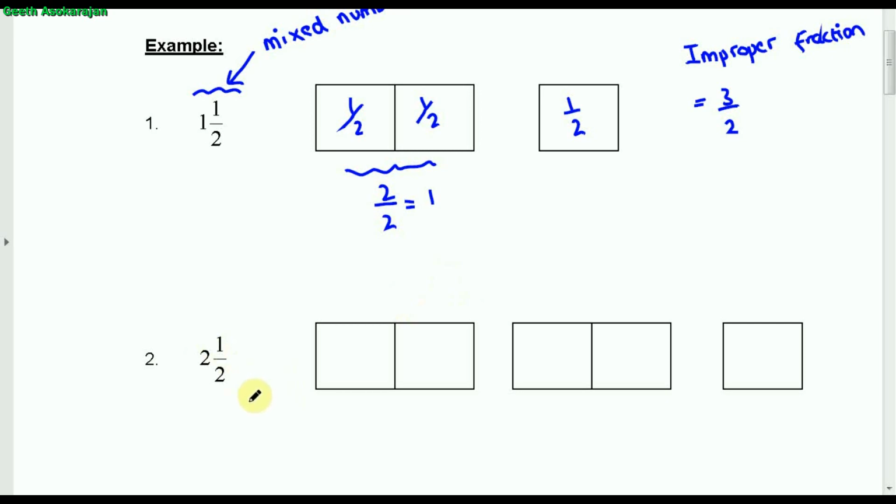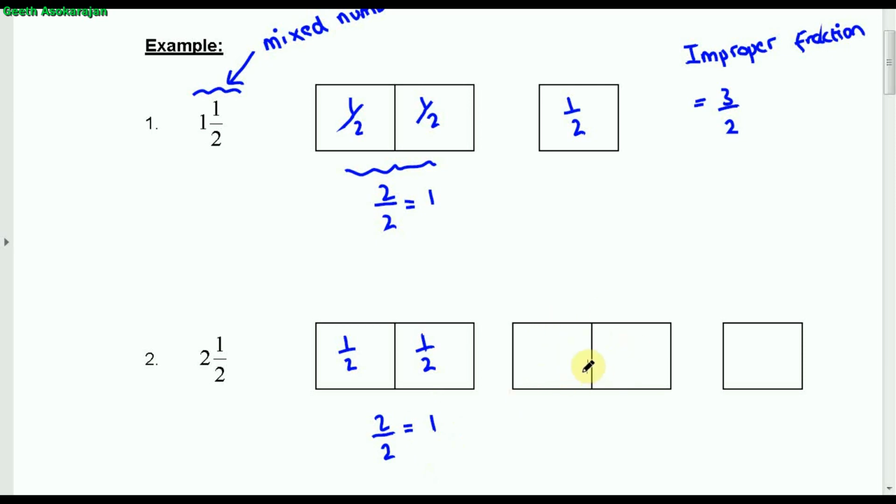So 2.5. Let's think of it in terms of halves with the aid of this diagram. We have 1/2 or half, and another 1/2 or half. So 1/2, 2/2 when you add them together, and 2/2 is 1.